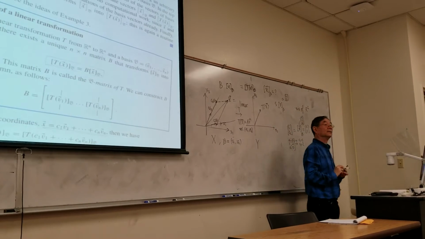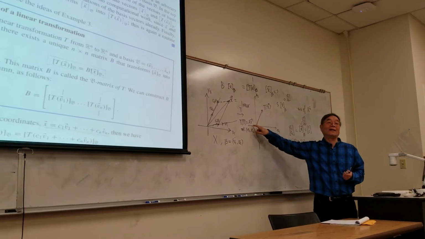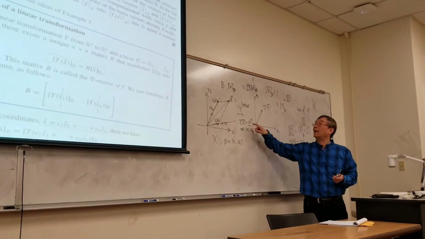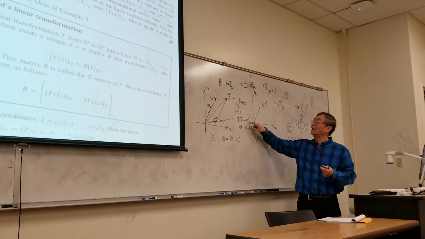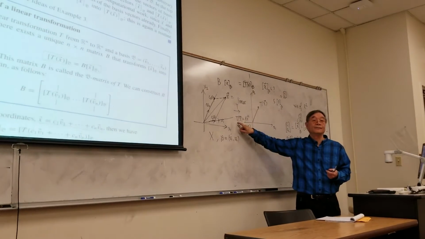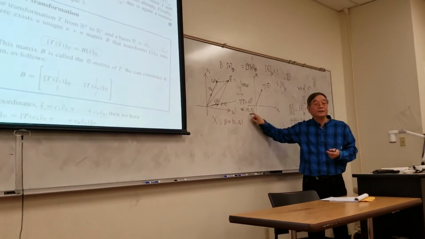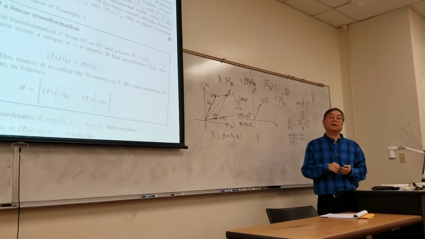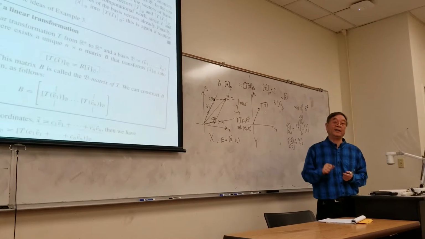So what is the A? A is the inverse of T. A is, no, hold on. A is the matrix of T relative to the standard basis. So we have a name or interpretation for capital A.